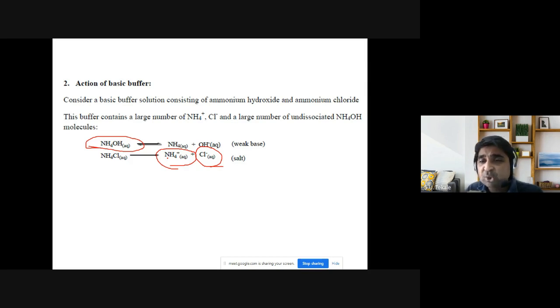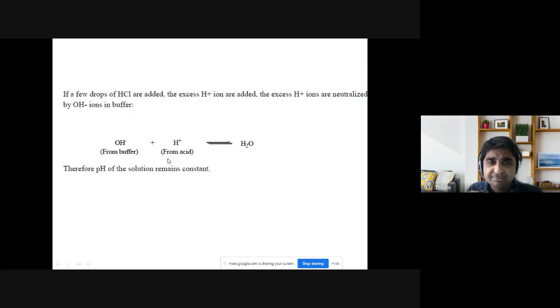Now let us look at what happens when some acid is added or some base is added, as in the previous case. If a few drops of HCl are added, meaning any acid in general, H plus ions are now added to that solution.